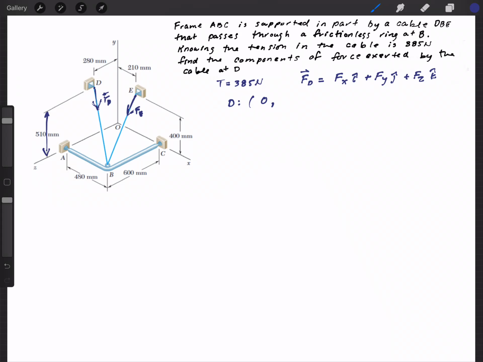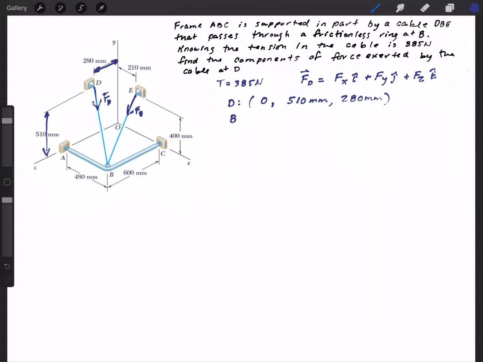Along the y-axis, D is 510 millimeters. And then along the z-axis, how far along are we? That would be 280 millimeters.